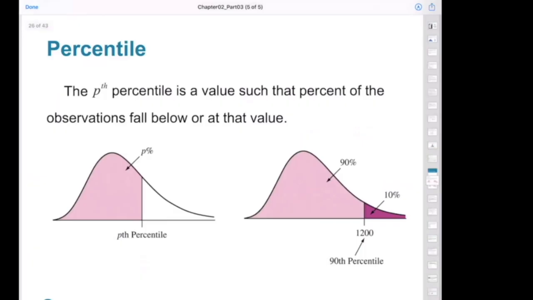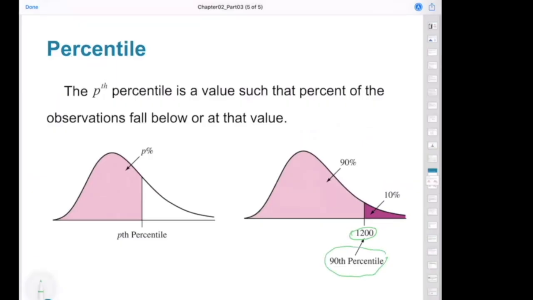This is the distribution of the test scores. 1200 is the score of our student, JD. So 1200 is at the 90th percentile. What does that mean?